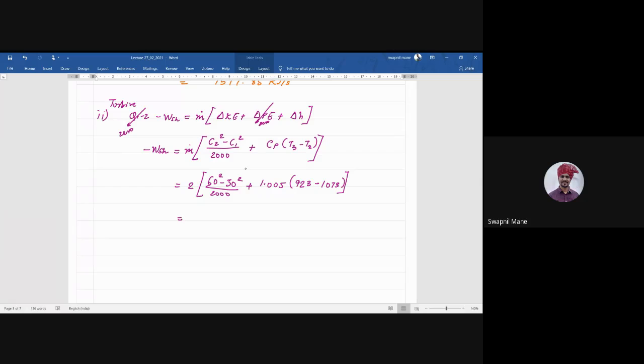So what do we get? 2 into 1.35 minus of 150.75. Is it clear?